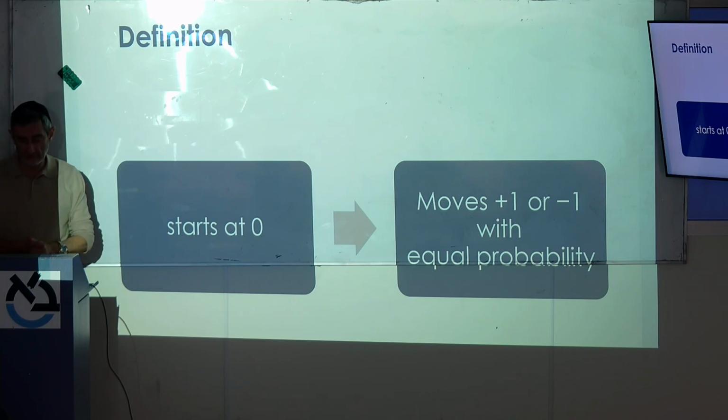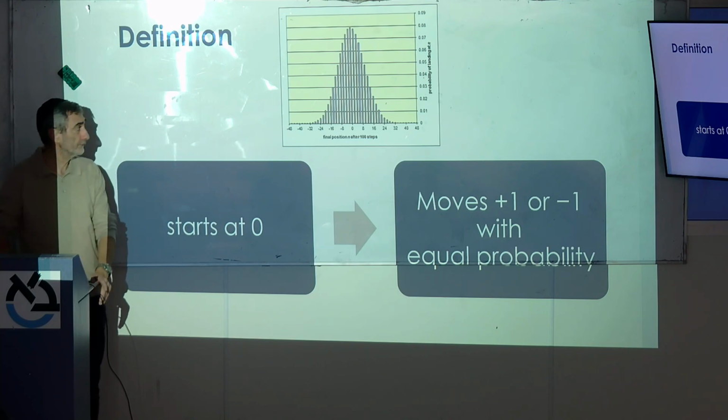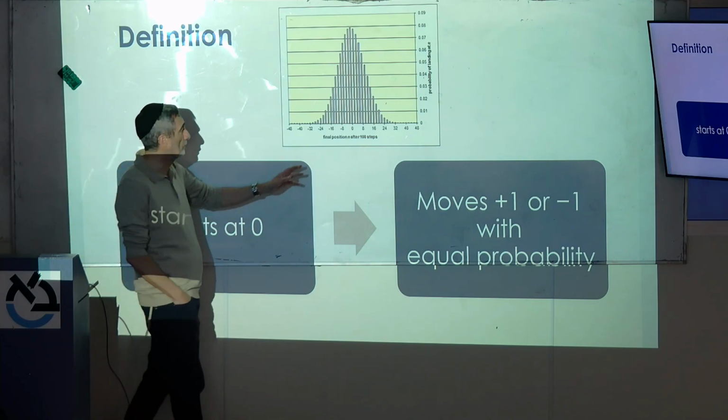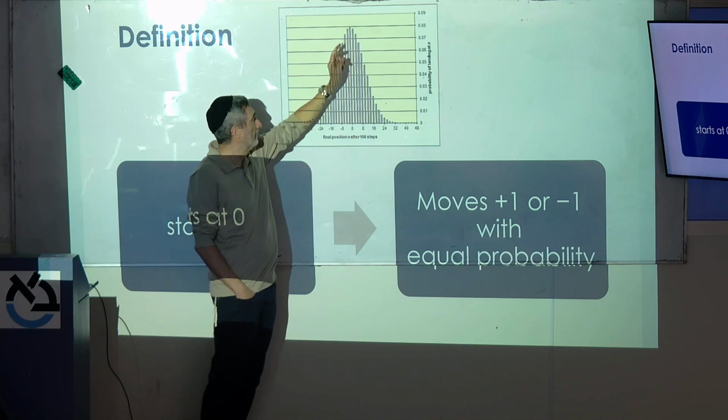Okay. So after some time, after many steps, if you look at the region that has been explored by the random walker, you get something like that. Actually, it's a Gaussian distribution. Most of the time, the random walker comes back to the initial position, maximum probability.